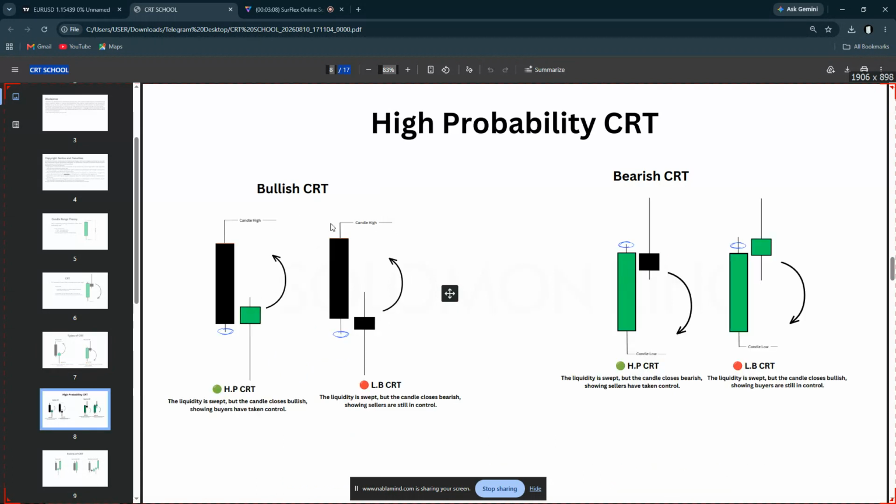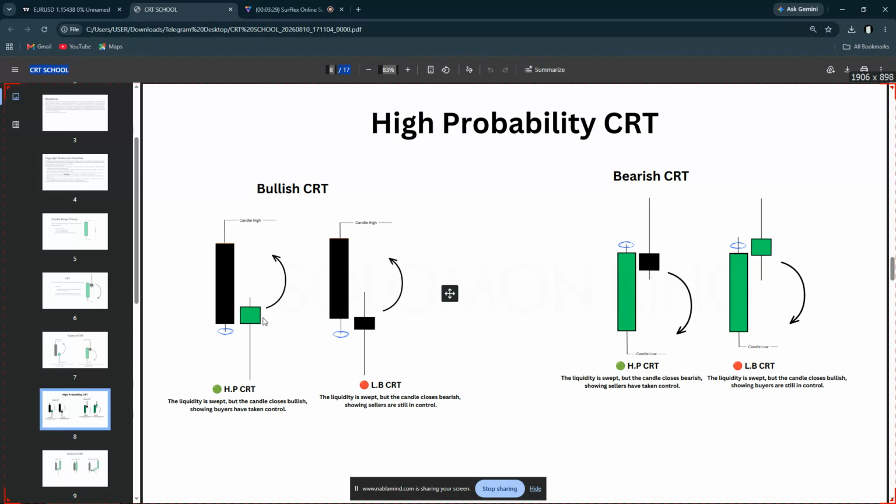Now, this is the second one, which is also showing that price is bullish. From here, I created this diagram to elaborate more on the bullish expansion. So this particular bullish diagram is showing when the liquidity is swept. Price came and swept the low of the first candle, closed inside the range.